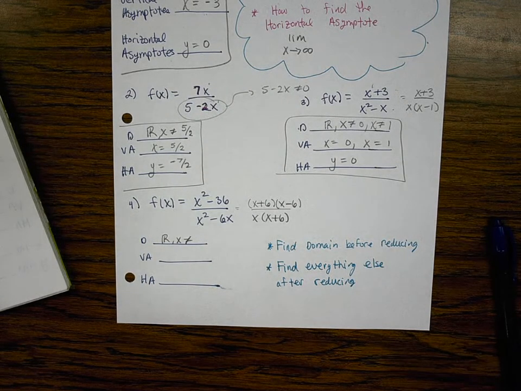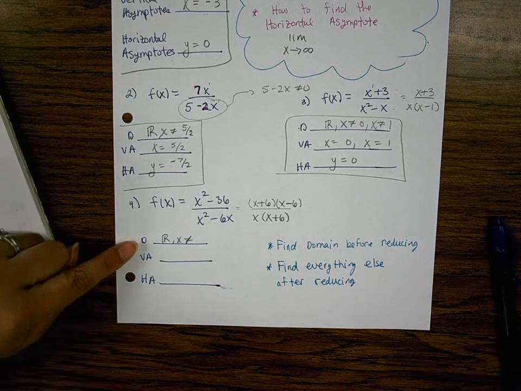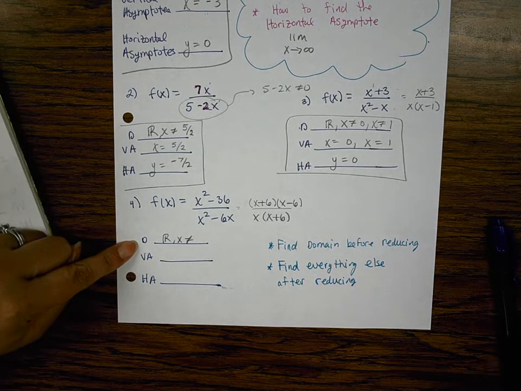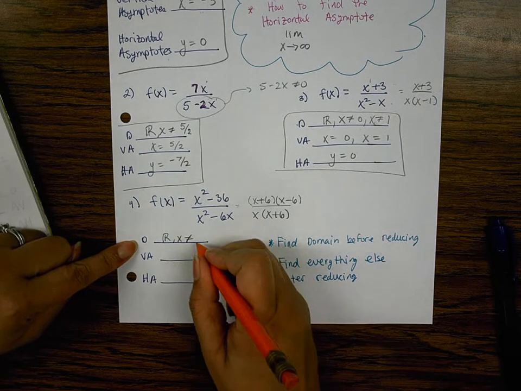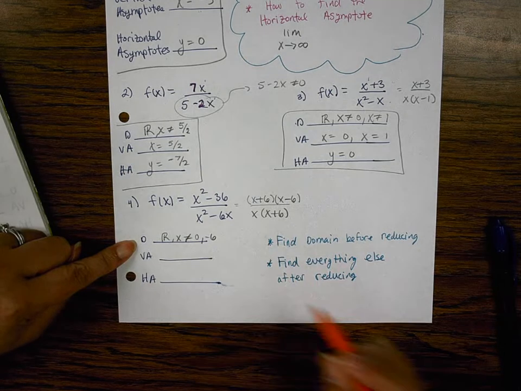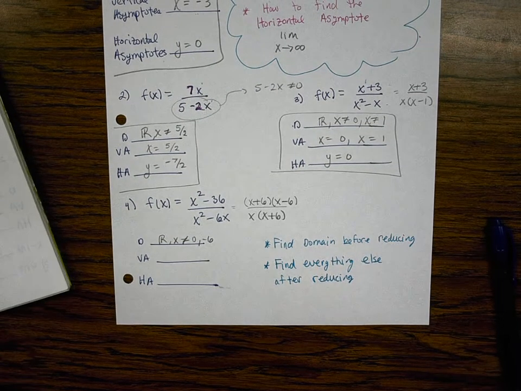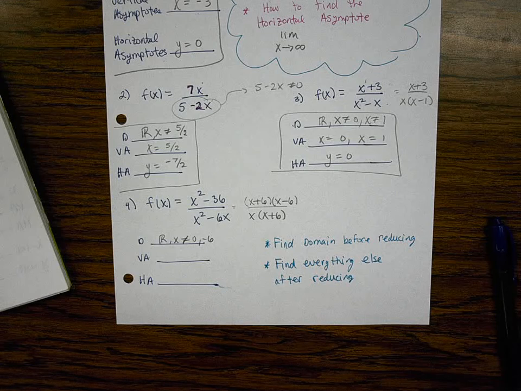Now I say everything else, even though there's right now only 2, but there's going to be more. There's going to be x-intercepts, there's going to be a slant asymptote, and we'd find all of that after reducing. The only thing I do first is the domain. X cannot equal 0 or negative 6. So if you wrote it like that, that's okay.